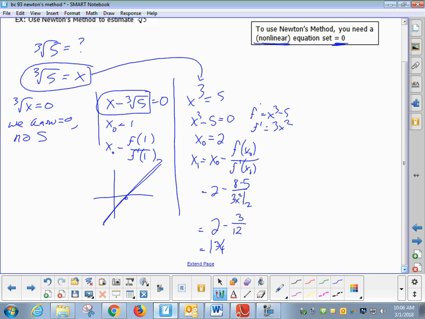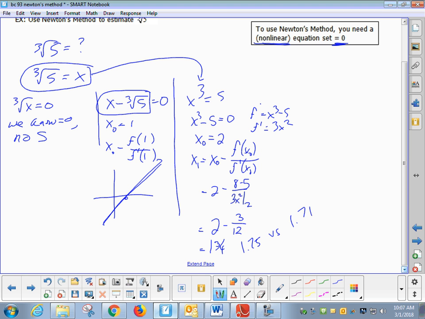Now I'm curious to see how good that is. Our answer is 1.75. The cube root of 5 is 1.71. It's pretty good. 1.75 versus the true 1.71, both in the 400s. That's pretty good.